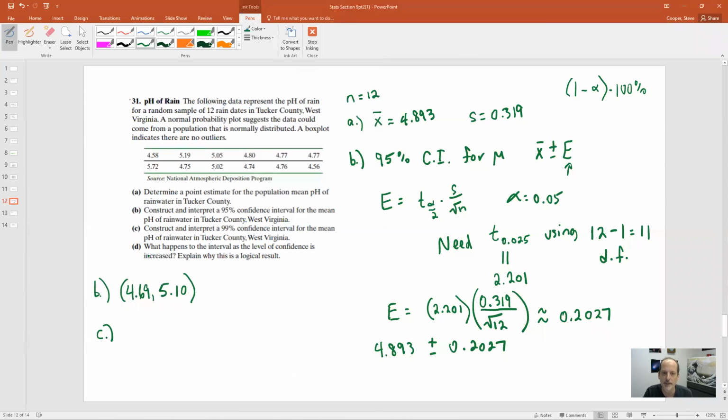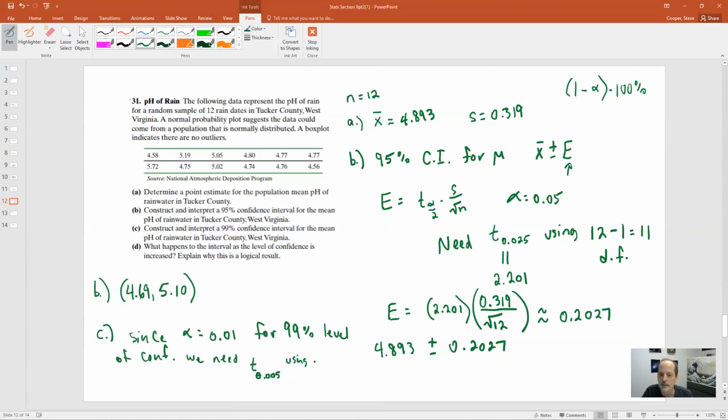Okay, so C, I don't know if I want to do this one 100%, but let me just put the parts that are going to change. So since alpha is equal to 0.01 for 99% level of confidence, we need T sub 0.01 divided by 2 would be 0.005.